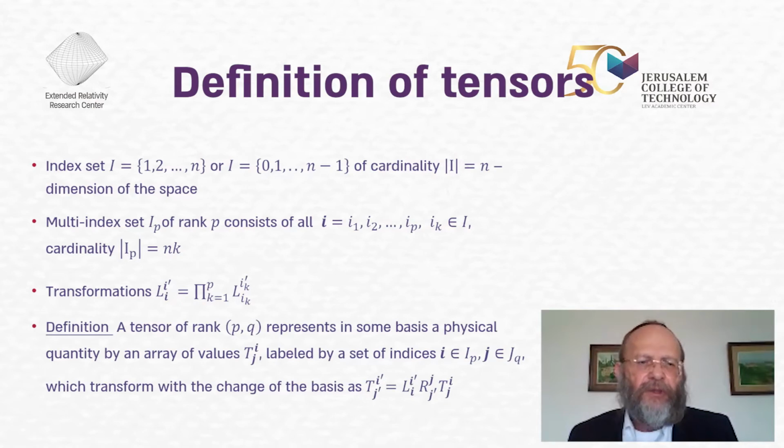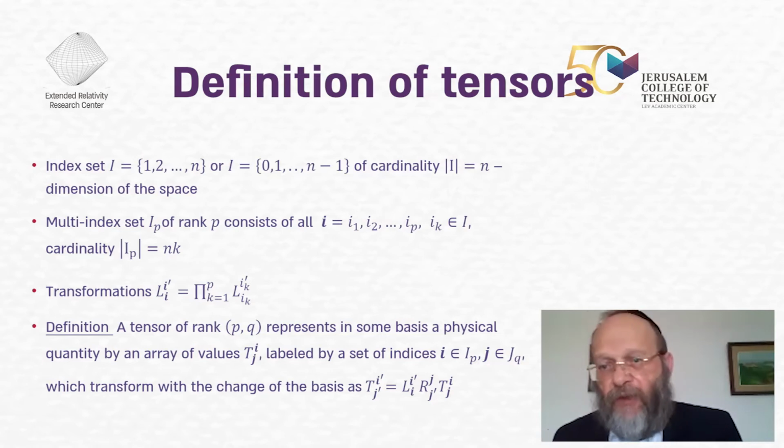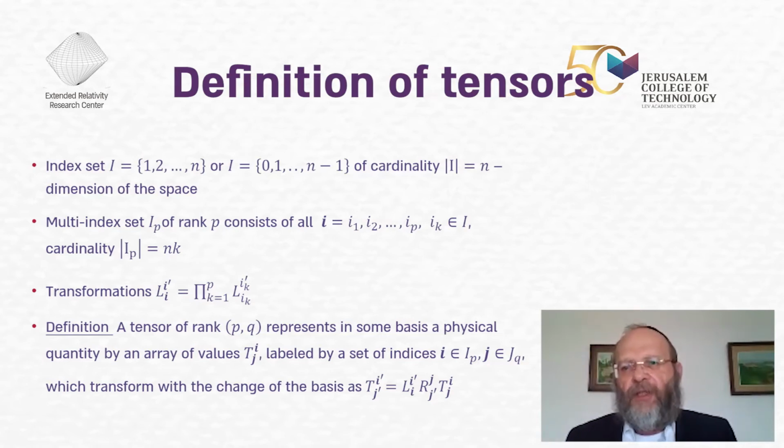And here's the definition. A tensor of rank (P, Q) represents some physical quantity by an array of values T, with upper index bold I and lower index bold J, labeled by the set of indexes bold I belonging to I1 through IP, where P is the first number in the rank, and the second number is how many we have in lower indices, which transform with the change of the basis.